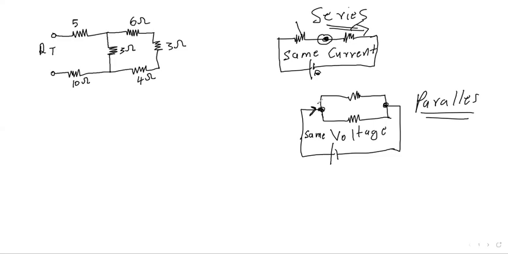The current will split into two parts, depending on the value of the resistance. The sum of the currents through these two resistors gives you the total current of the circuit, because they're in a parallel connection. So that's how we identify parallel and series connections.